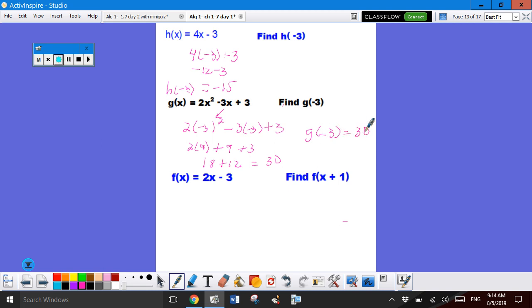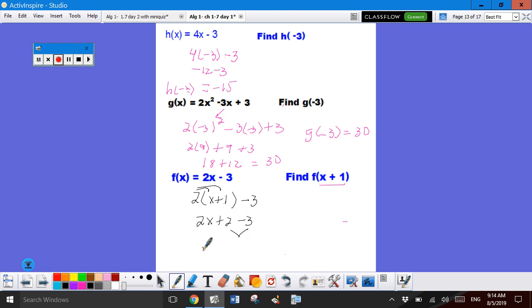Okay, now the next one looks like it might be pretty challenging, but in actuality, we're going to get an expression for an answer, not a numeric answer. In this case, because I'm substituting in variables. So I have 2, put in my x plus 1 for the x, and minus 3. To simplify this, I know I have to distribute to 2x plus 2 minus 3.